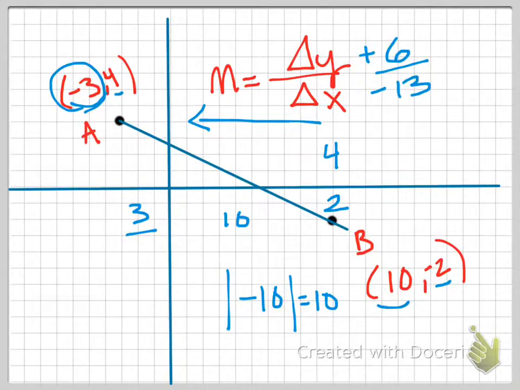But I wrote a +3 because when I'm trying to find distance, I'm using the absolute value, because I just want to know how many whole units I went over this way. It doesn't matter that these are negative units. I was still 3 units from 0.